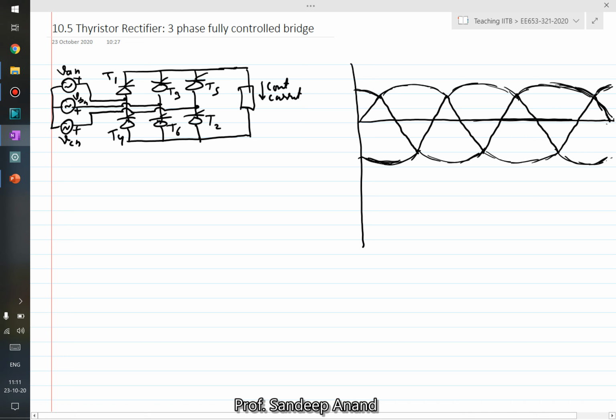All right, so this is VAN, this is VBN, and this is VCN. Phase sequence ABC. These are the input voltages, right? So on the bottom also, let me show, this is VAN, this is VCN, and this is VBN. So this is theta equal to 0, right? And this is theta equal to 2 pi or 360 degrees.